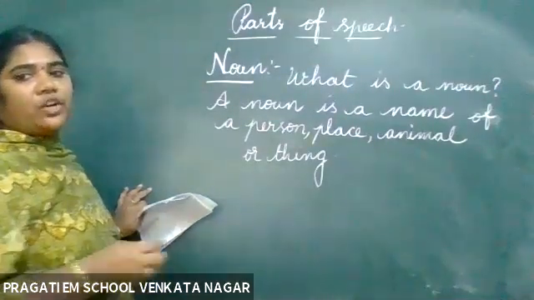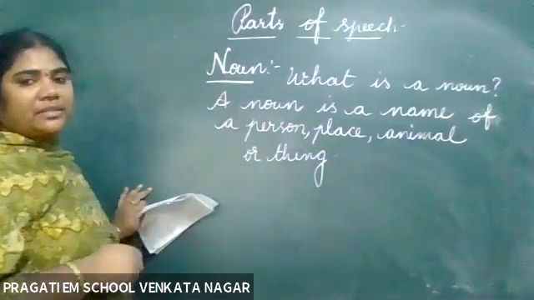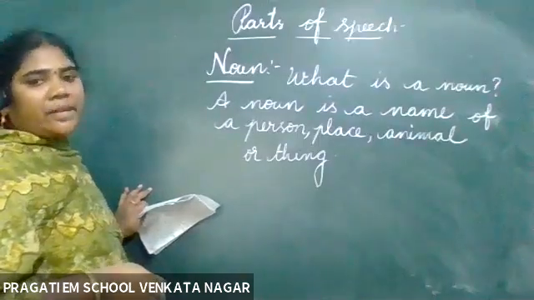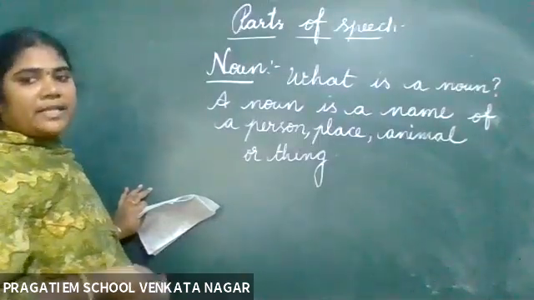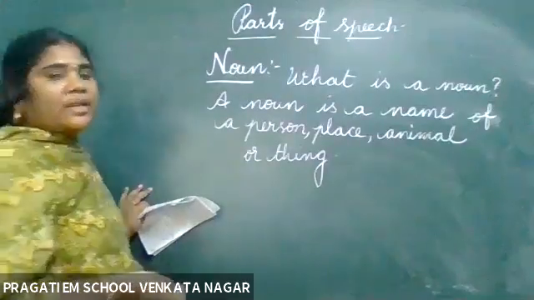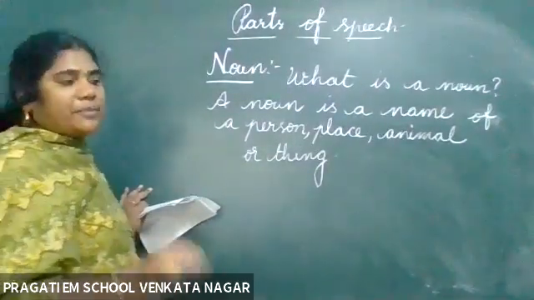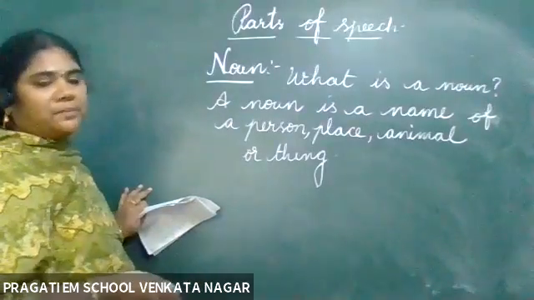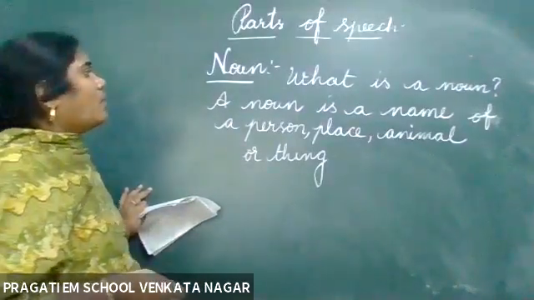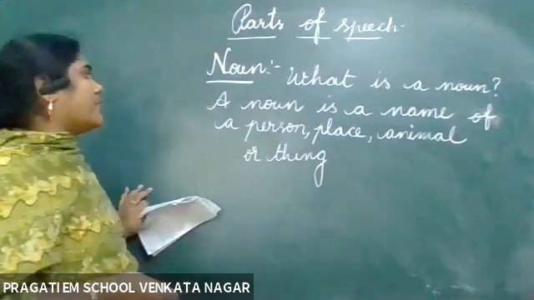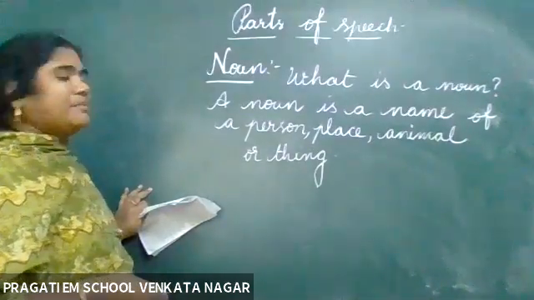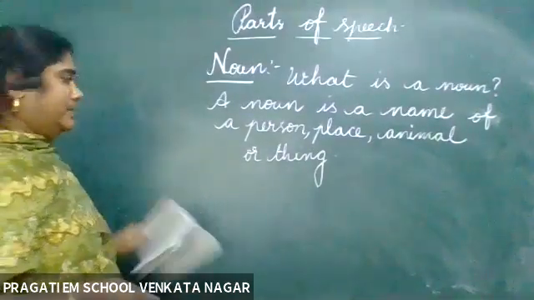For example, your name, my name, where you're living, that means your house, it's a place, it's a name, it's a noun. Next, what you're writing with, pen, that is also a noun. So, what is a noun?